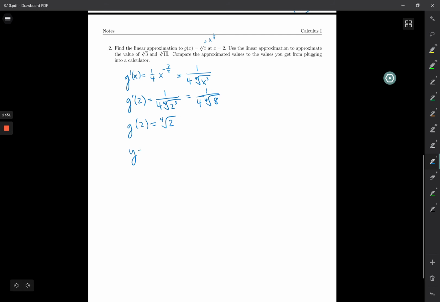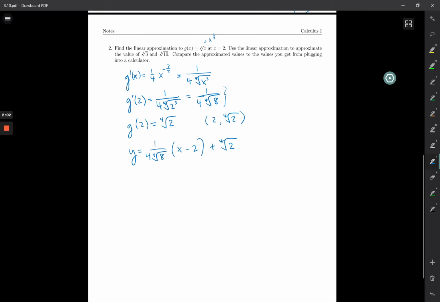So writing down our equation of our tangent line, our point is going to be 2 and the fourth root of 2. Great. So this is our slope, 1/4 fourth root of 8, times x minus the x part of this point, which is 2, and then we add the fourth root of 2.